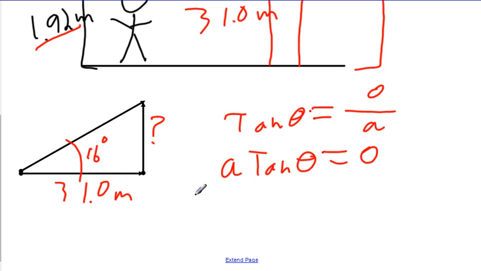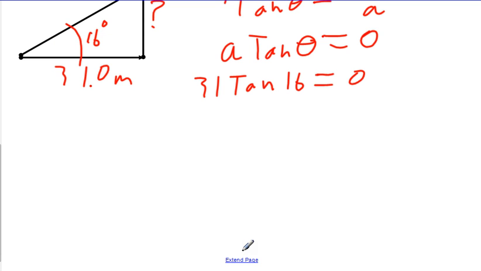And so, 31 times the tangent of 16 will give us our opposite, the y component. This will give us 8.889. So we get our y component is equal to 8.889.